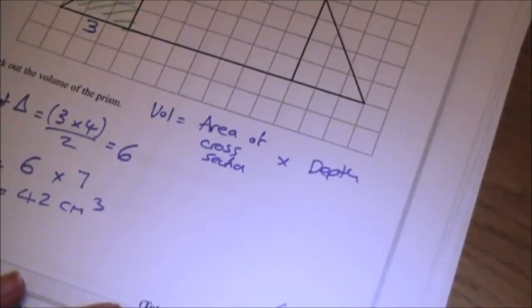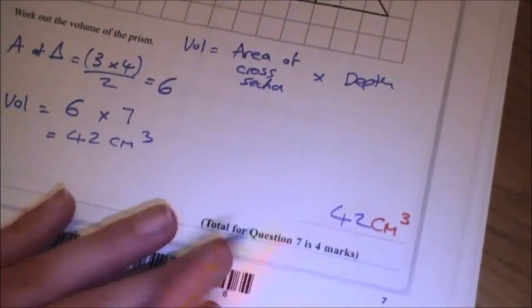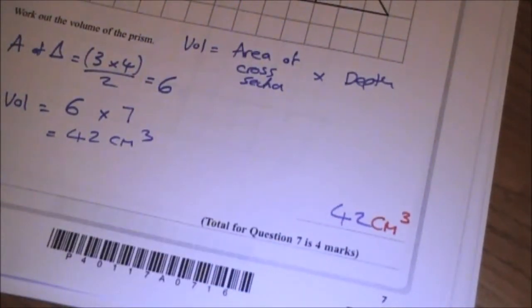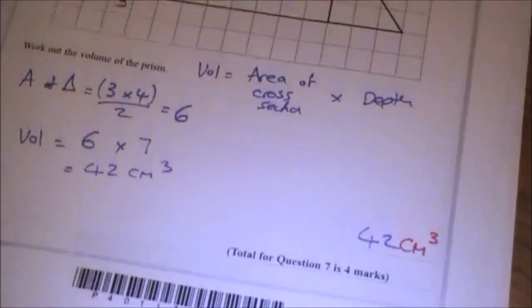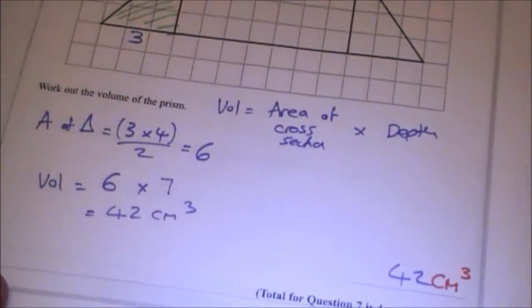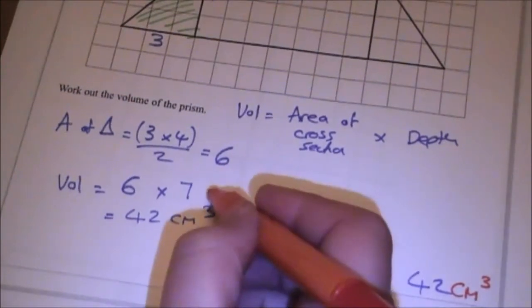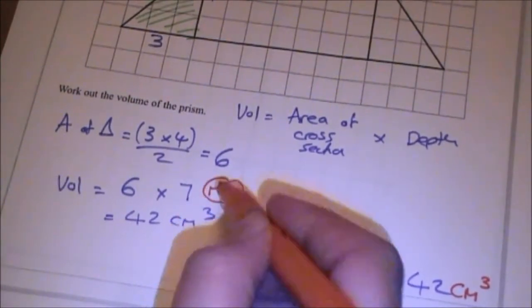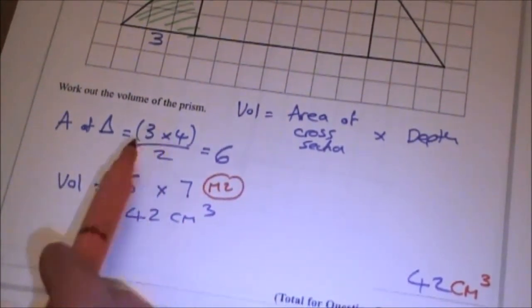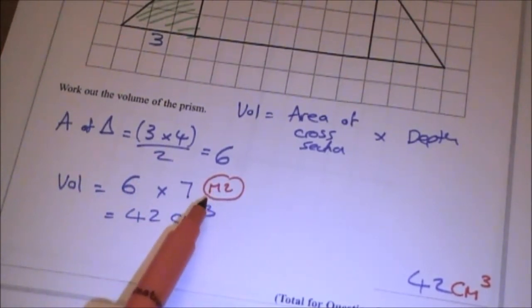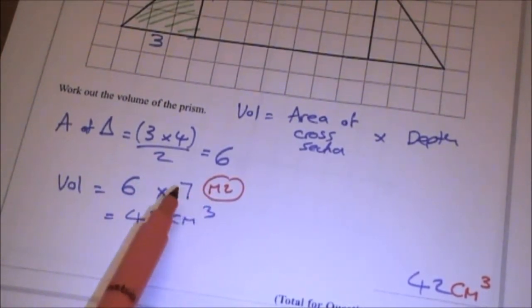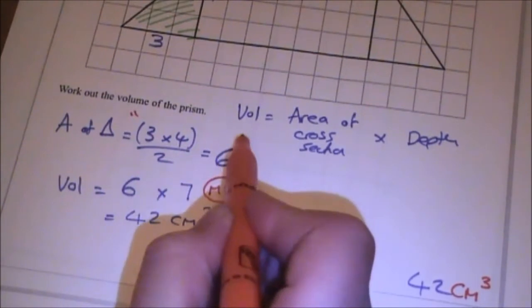Now remember, I get 1 mark just for writing centimetres cubed anyway, so let's have a look where the other marks are. So you get 2 marks for managing to find the calculations correctly for the volume. It's 1 mark if you only got as far as finding the area.